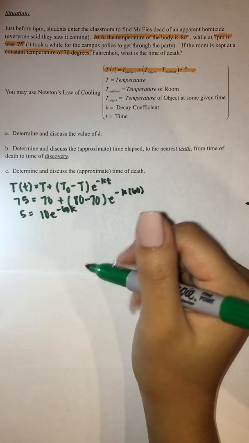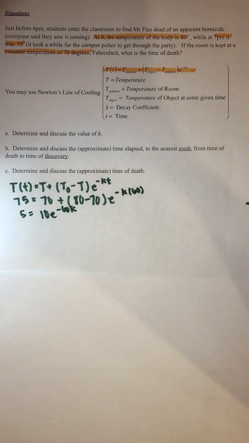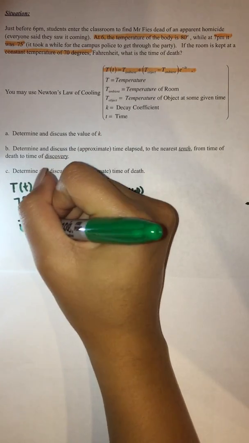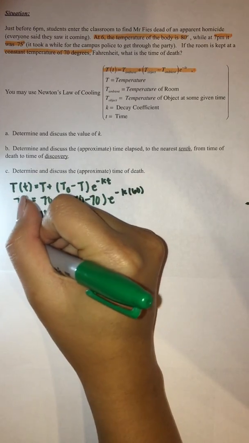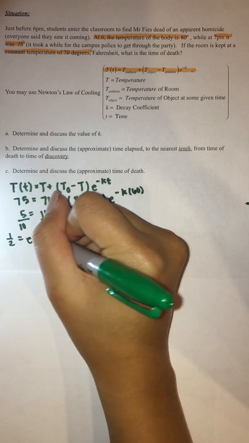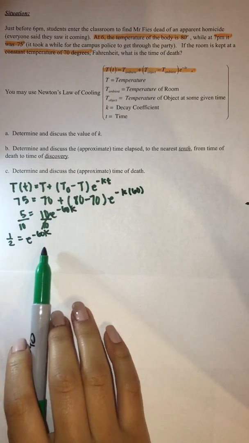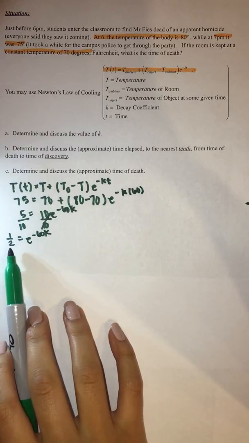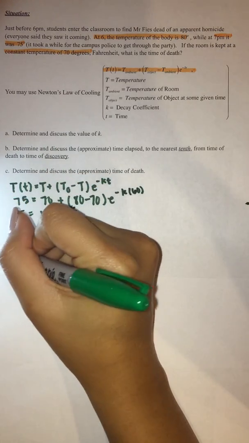After that, you divide both sides by 10 so that you can get e to the negative 60k by itself. 5/10 is also 1/2, so we can simplify that to 1/2 equals e to the negative 60k. Now we want to get k by itself, so we take the natural log of both sides.